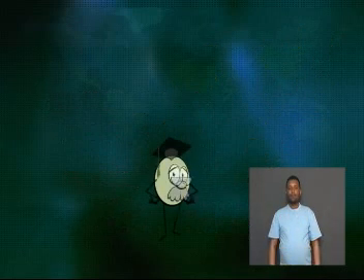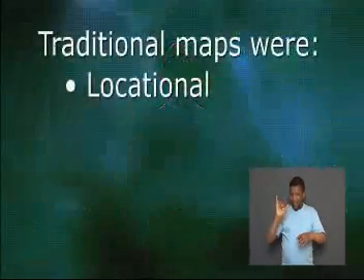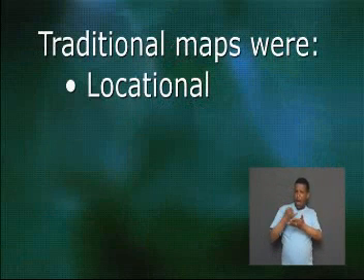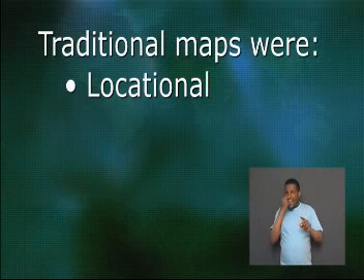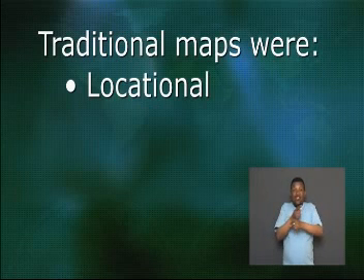Time's up. Let's get back to our lesson. Welcome back, students. I hope that from this exercise you understood the major differences between traditional mapmaking and modern cartography. Traditional maps were usually locational rather than geographical.